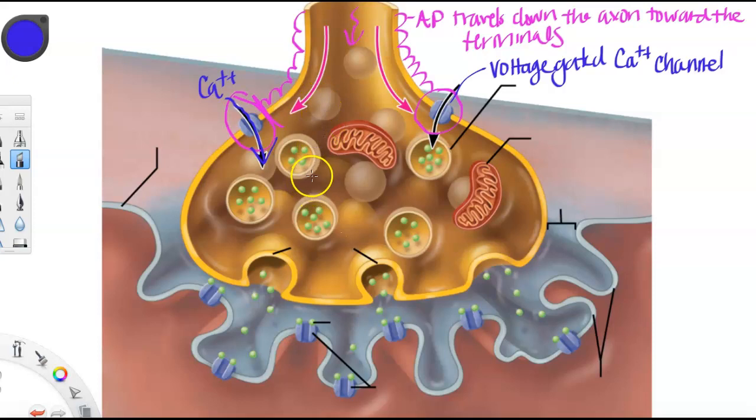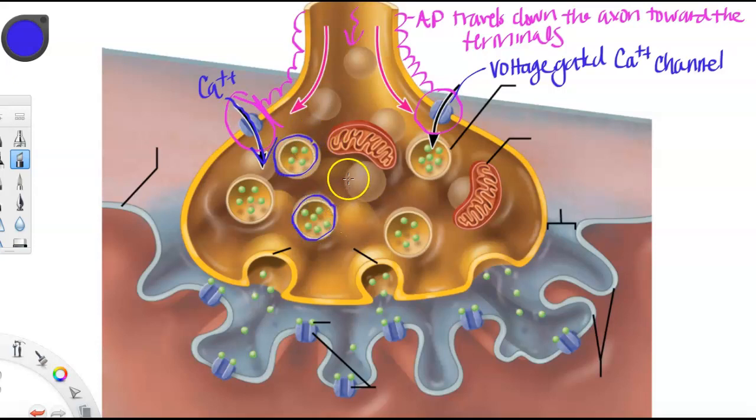Calcium does something that's very important. Calcium stimulates, or causes, vesicles to go through exocytosis. There are already vesicles here. We see them. Here's a vesicle, here's a vesicle.